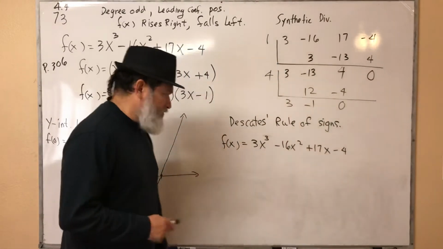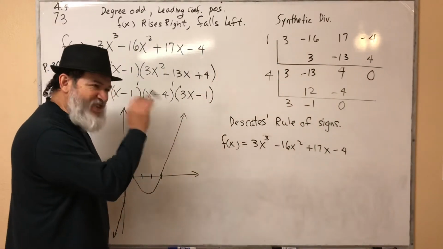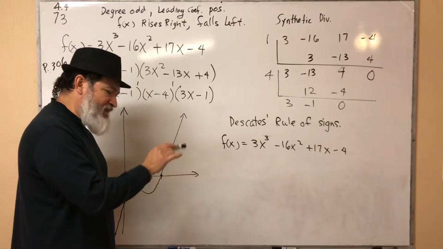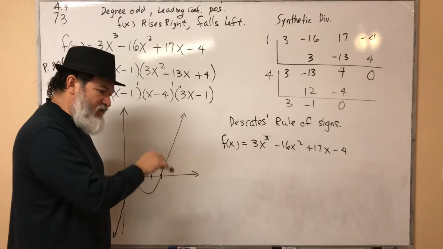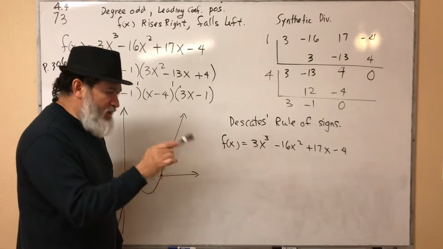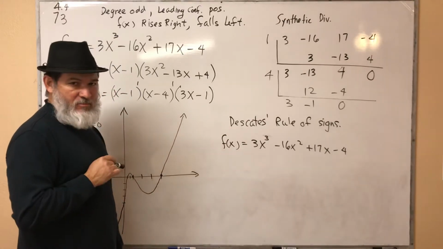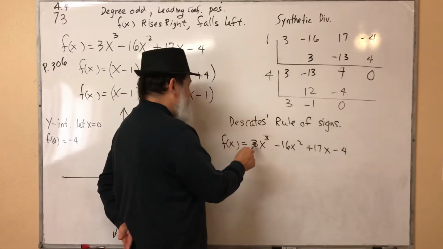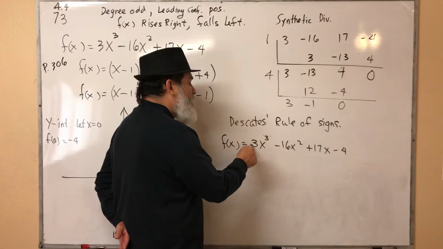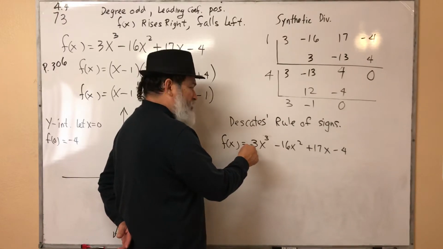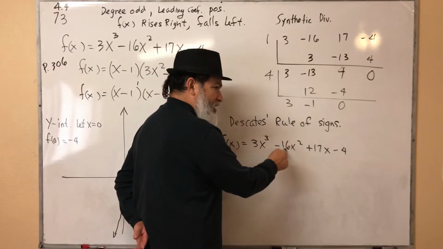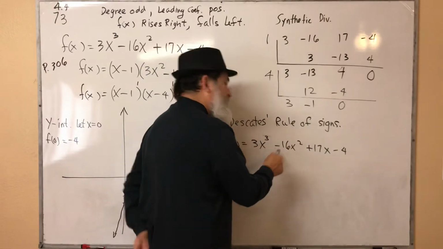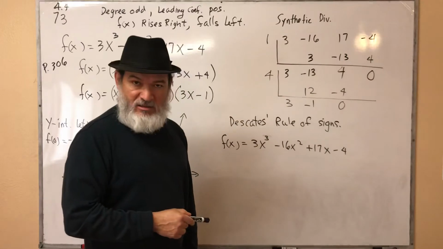And watch this. Let's look at the change in the signs. Whenever we have a change in signs from a coefficient to the next coefficient, we call that a variation. So this is positive 3, the first coefficient, and this is negative 16. So from positive to negative, it changed signs.